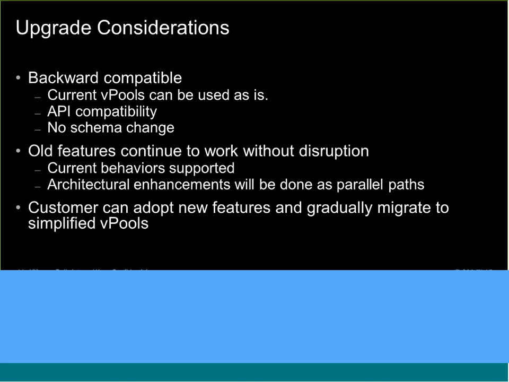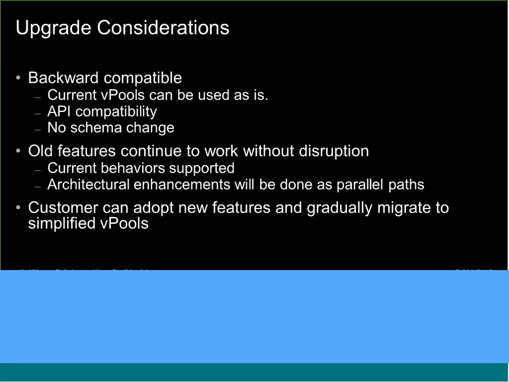I think we have also looked at, if we go with this approach, what the upgrade consideration is. What we wanted is that everything should be backwards compatible. So the new vpool, which is based on the profile, can be used just like our normal vpool. We will keep all the API compatibility, whatever operations we are doing. APIs are not changing.